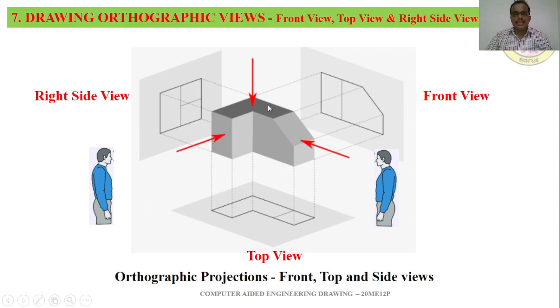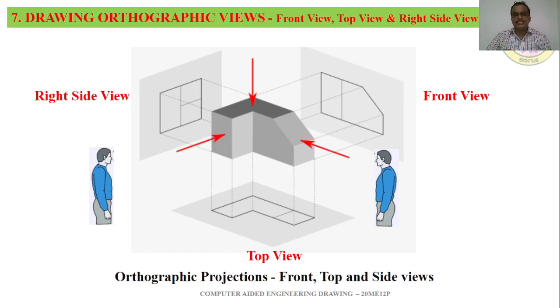You can see we have an object at the center, and this object is in between the projection plane and the observer. And these arrows in red color indicate how we are looking at the object in order to get the corresponding projection on the projection plane.